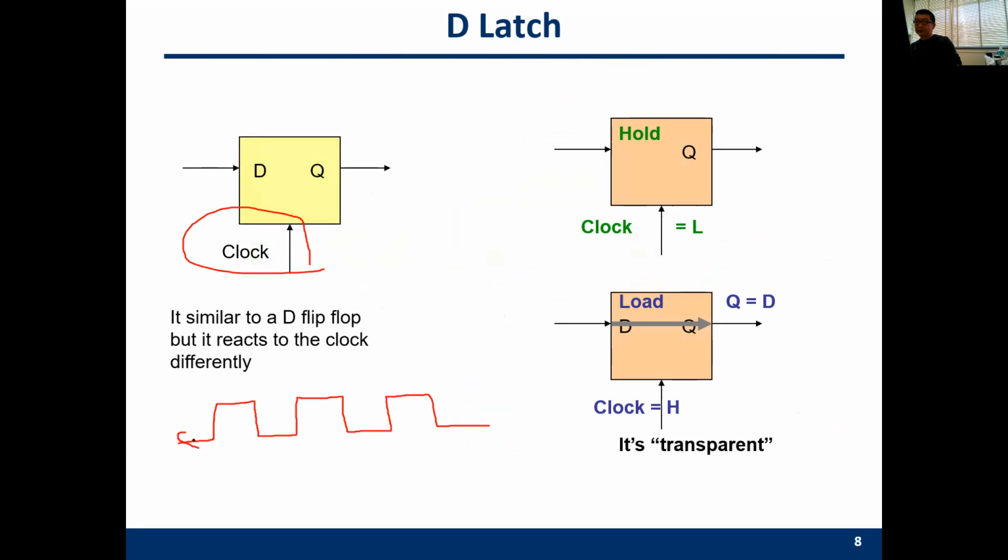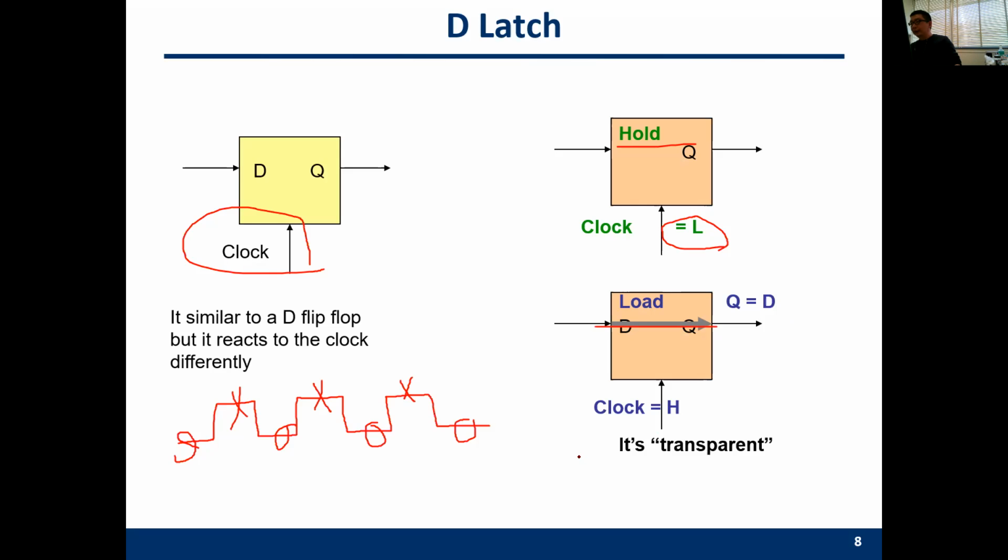Clock signal can be performed like this. So when the clock is low, like this, the D latch just holds. But when the clock is high, the D latch can load.